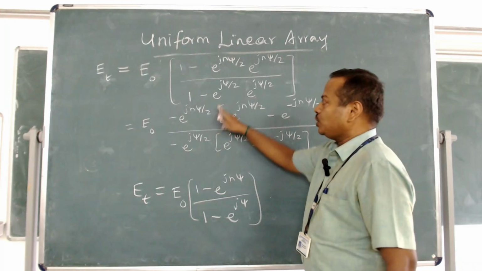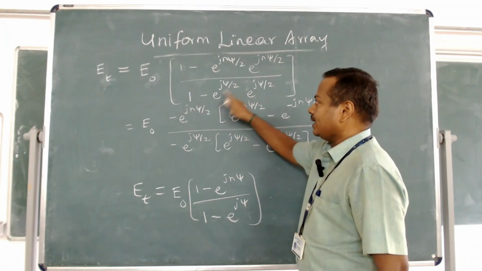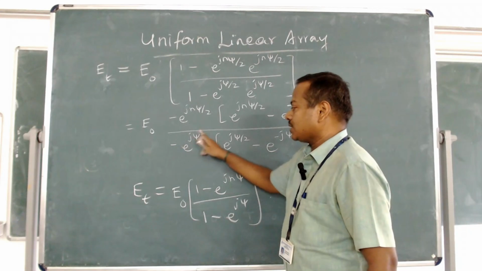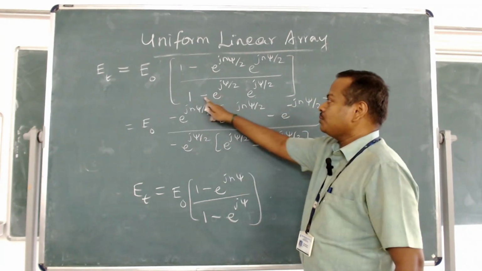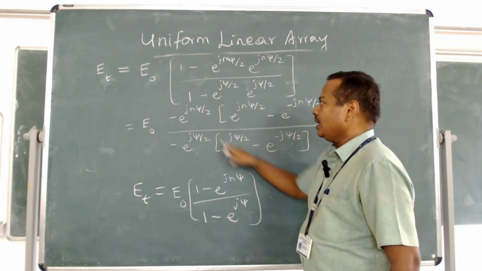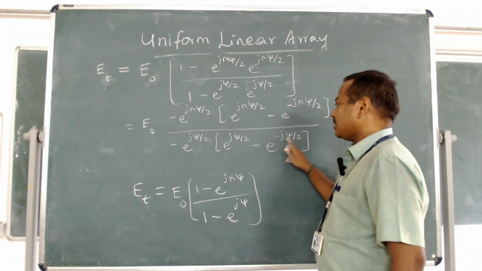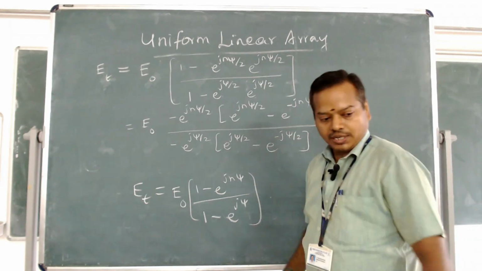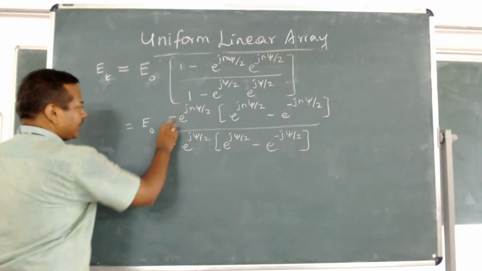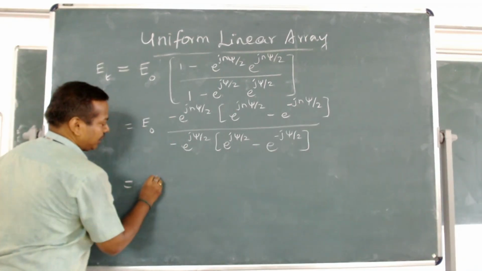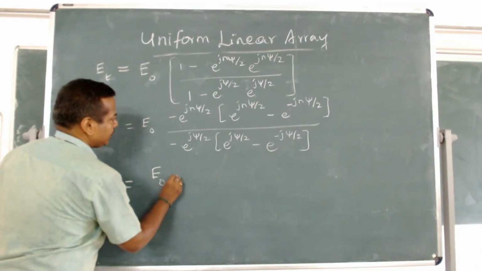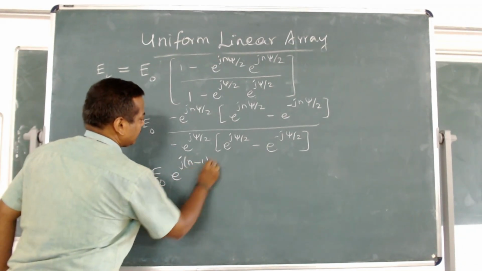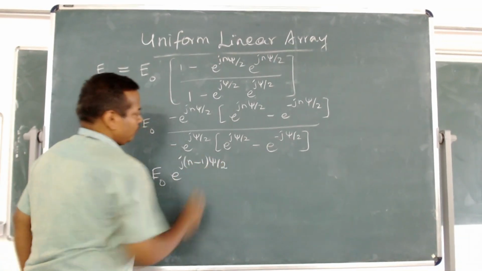Similarly, in the denominator we take e power j psi by 2 outside, and it becomes e power j psi by 2 minus e power minus j psi by 2. We can simplify this term in the next step. The negative sign cancels out, so this becomes E naught into e power j (n minus 1) psi by 2.